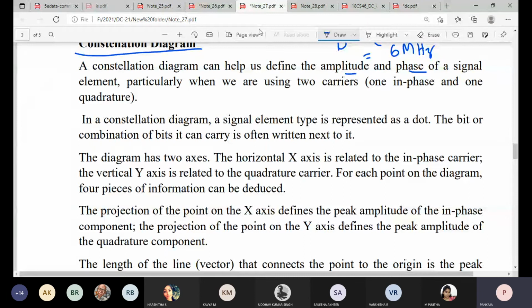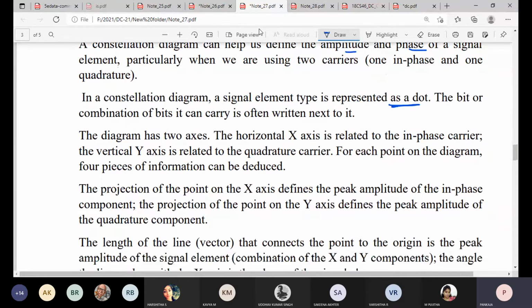So how to draw this? Just remember the dot indicates the signal element, and the bit or combination of bits it carries is often written next to it. If you keep increasing the number of bits carried by a single signal element, you will be representing the same thing with a different amplitude and phase.